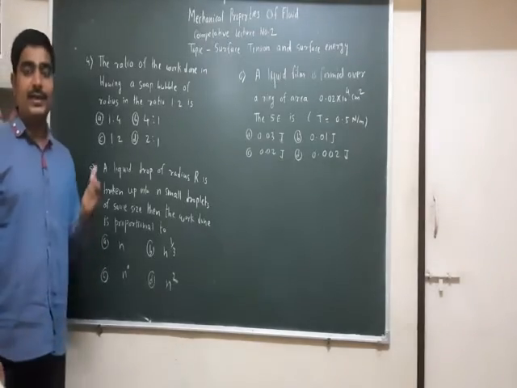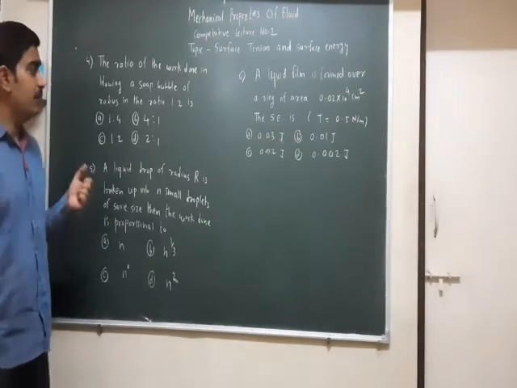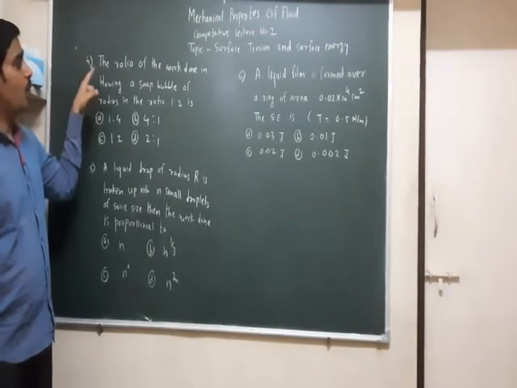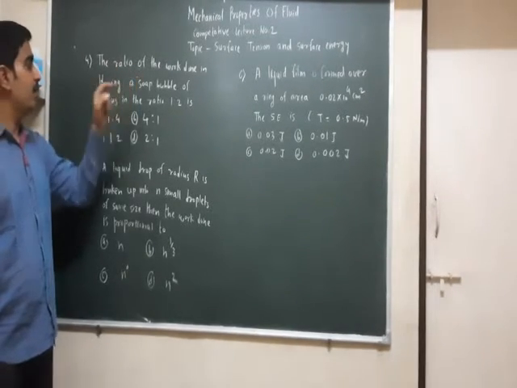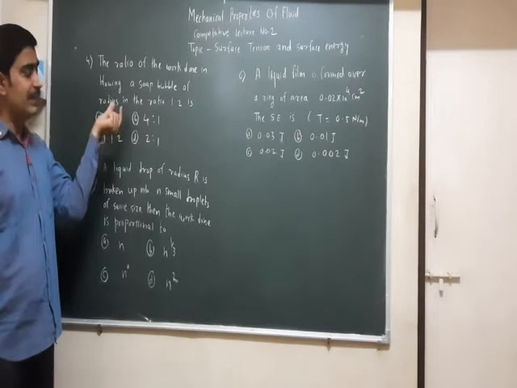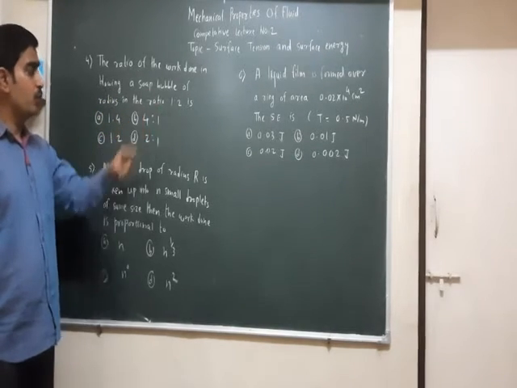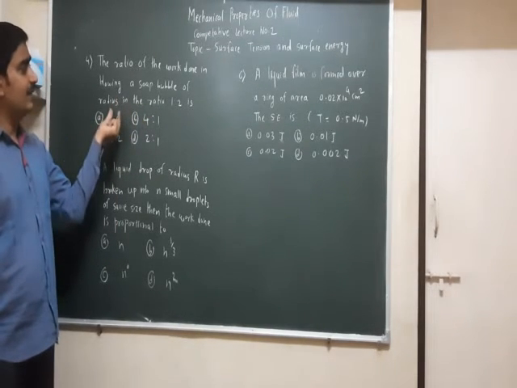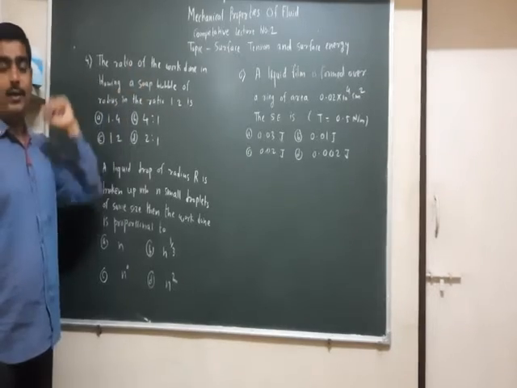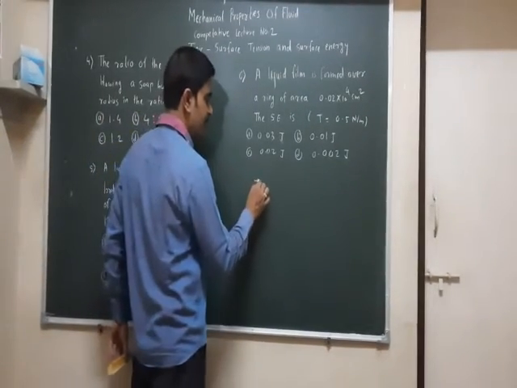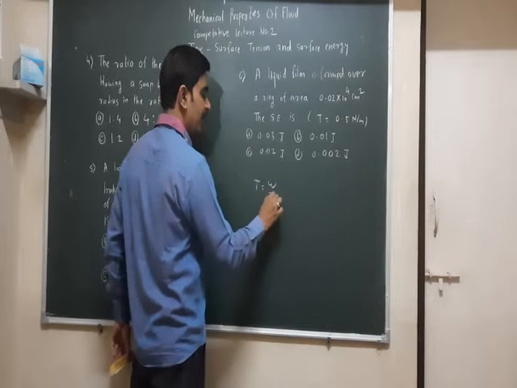Okay, friends, now we are going to solve the next question, number 4. Question number 4: the ratio of the work done in blowing a soap bubble of radius in the ratio 1:2 is. Now here the ratio of radius is given and we have to calculate the ratio of work done. So previously we have studied surface tension is equal to work done per unit area.